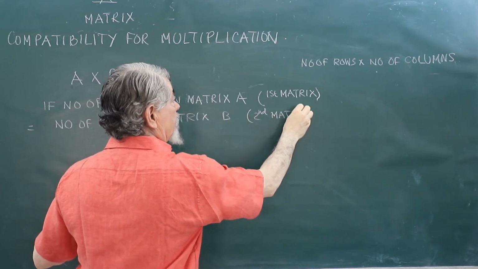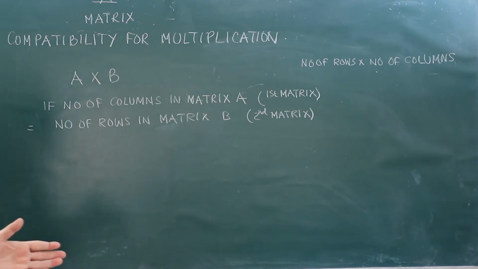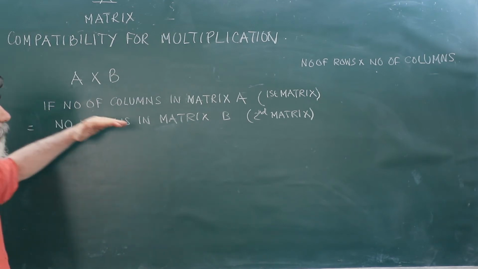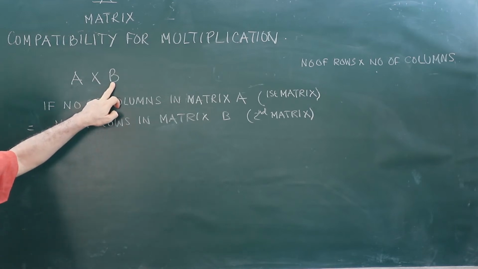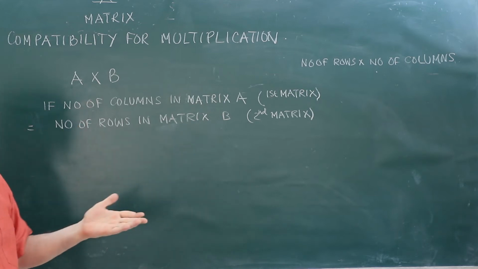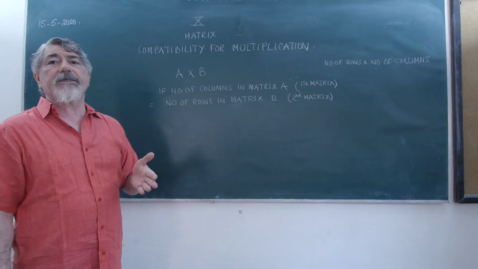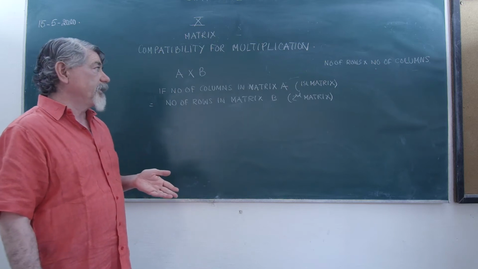So if the number of columns in the first matrix is equal to number of rows in the second matrix, like here B is the second matrix, then they are said to be conformable or compatible for multiplication.